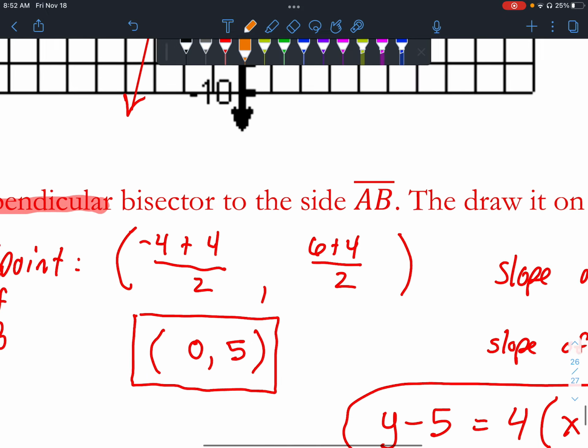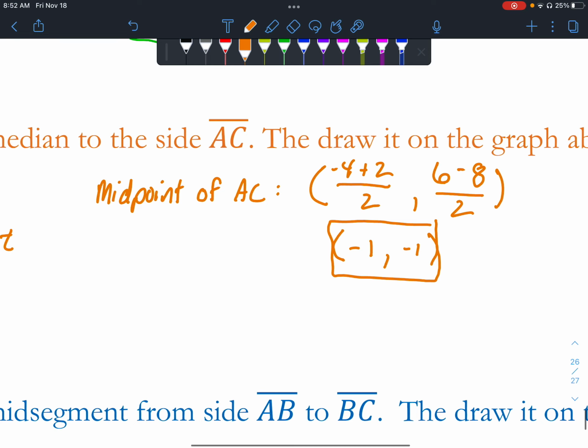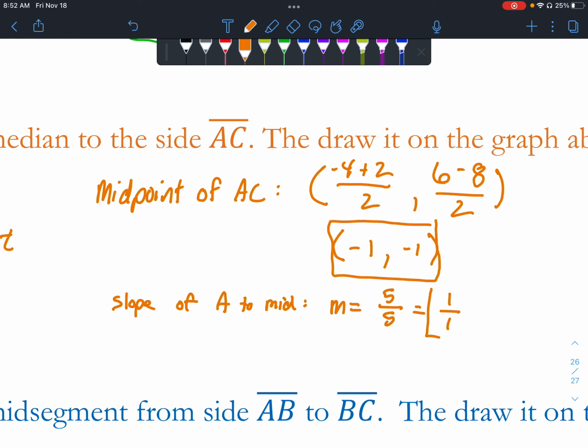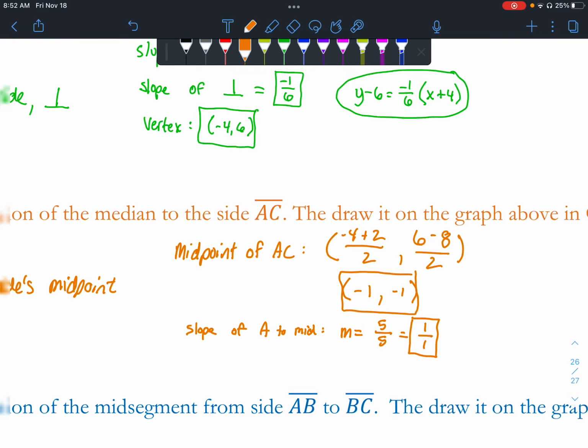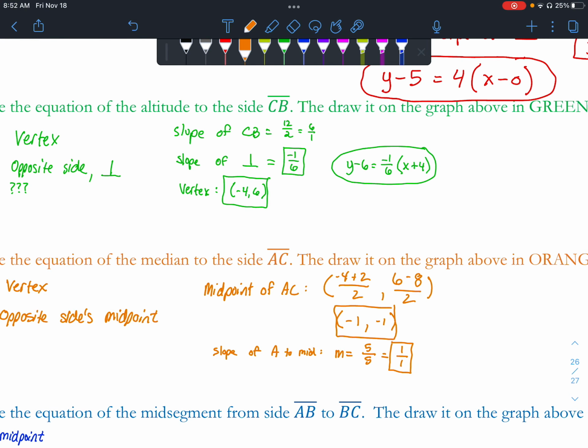So the slope of the line that I need to use, the slope of A to the midpoint, I know that that slope is going to be 5 over 5, or we could simplify that to just 1 over 1. That's the slope that I have between the orange dots.